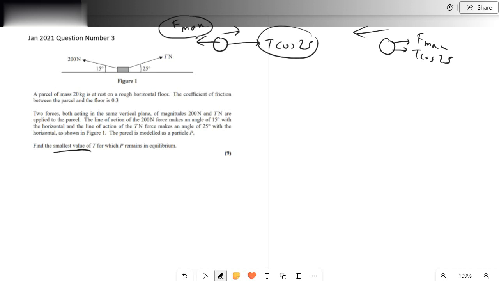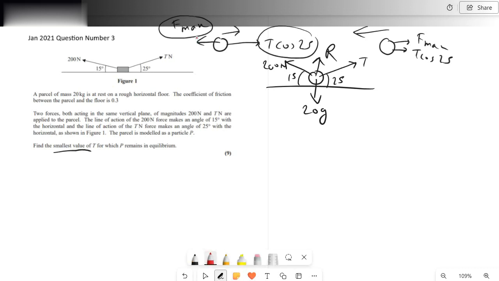So first of all, let's draw the particle again. We have the normal reaction force here. We have mg here, which is 20g. We also have t newtons here with an angle of 25, and we also have 200 newtons here with an angle of 15. Meaning that the vertical component of t should be t sine 25.